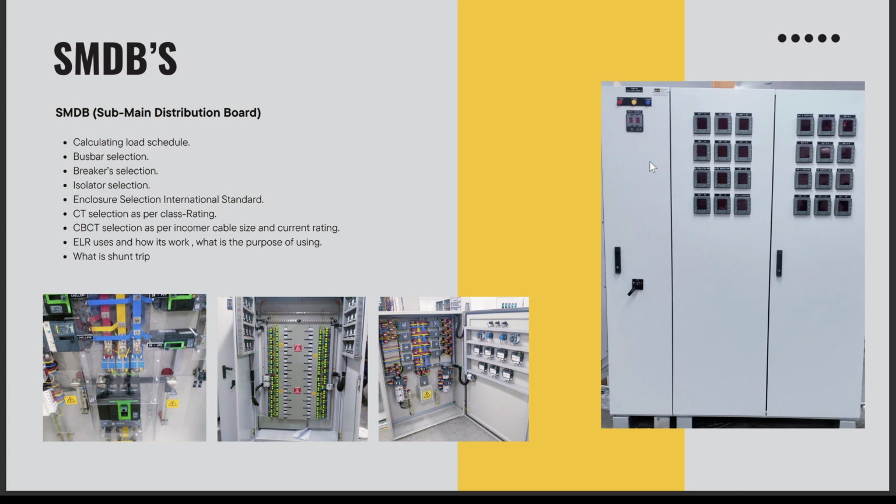Enclosure selection as per international standard. CT selection as per class rating. And CBCT selection as per the incomer cable size and current rating. Whenever we design the SMDB, we will learn these, all three used for protection purposes.